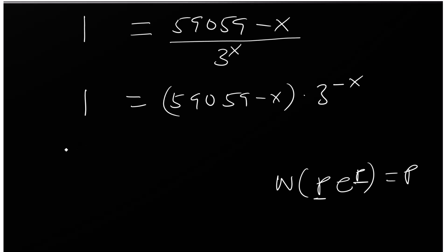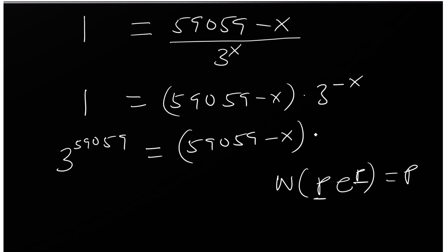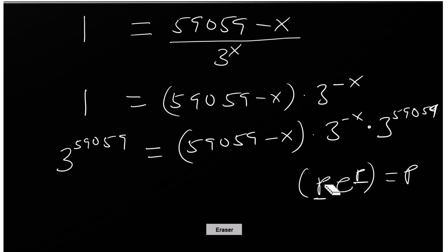So we have 3 to the power 59059 minus x times 3 to the power 59059. Okay, all right.